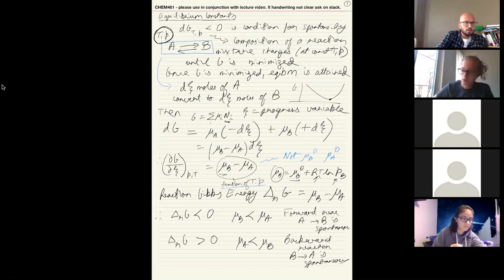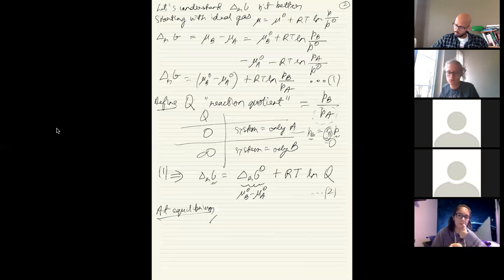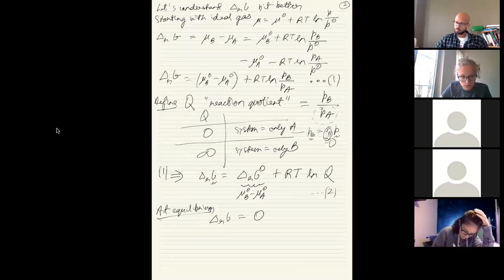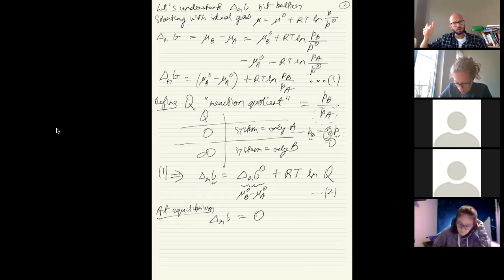Equilibrium is when delta RG is equal to 0. If delta RG was positive, it means that you haven't reached equilibrium. You are going to keep changing in one direction until it goes down to 0. If it was negative, you would keep going in the other direction until it goes up to 0. So delta RG is equal to 0 at equilibrium.